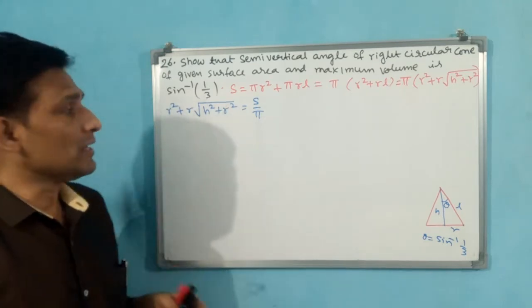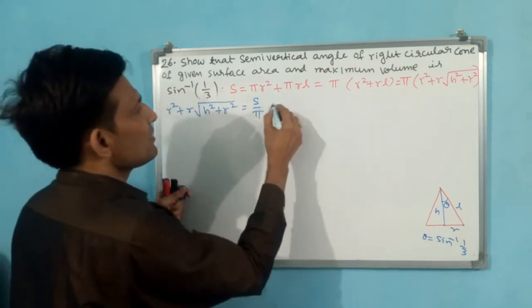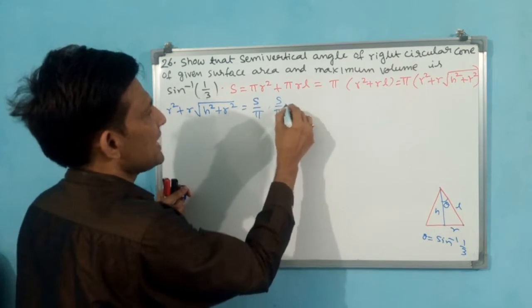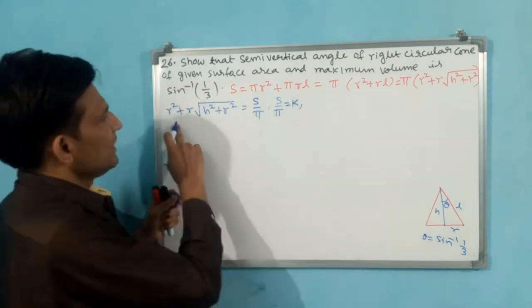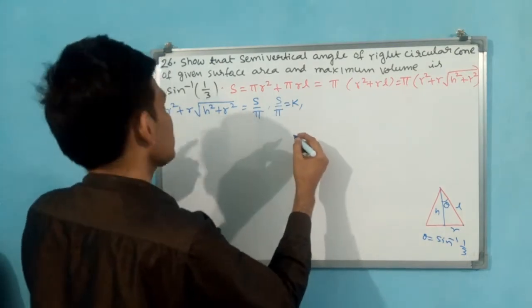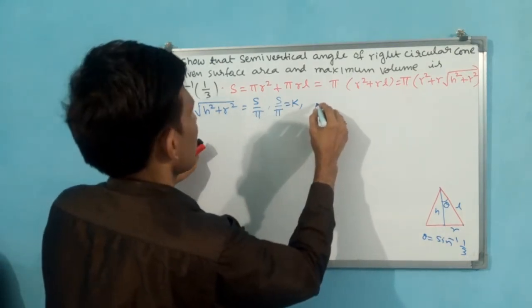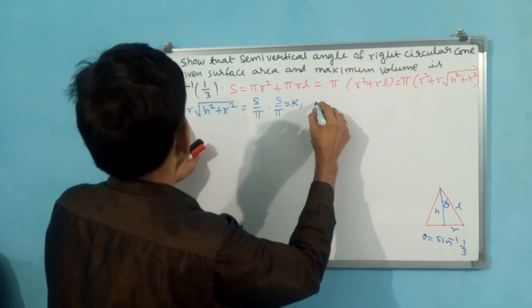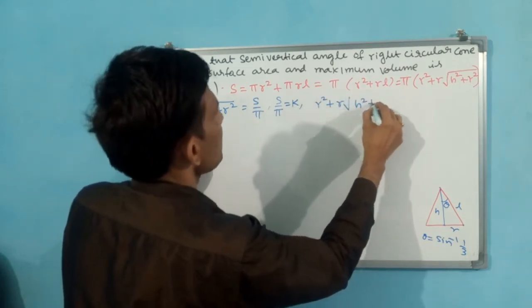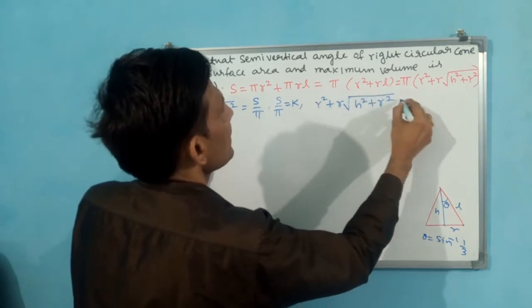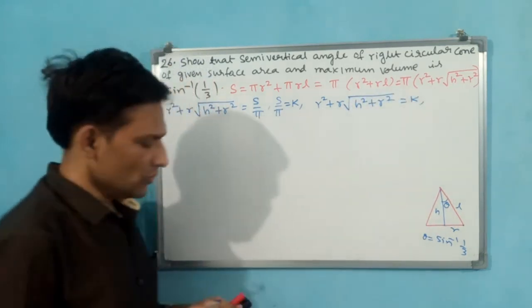I make S by pi equal to K. Let S by pi be equal to K, any one constant I have taken. Now you see, r square plus r into square root of h square plus r square is equal to K. Is it okay?